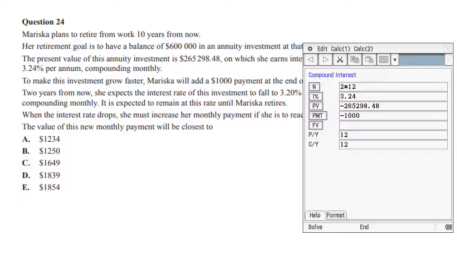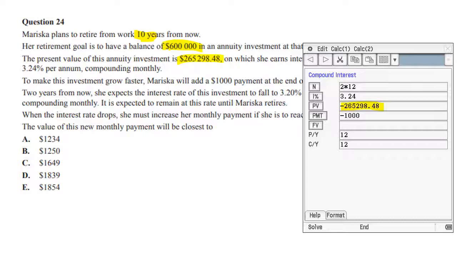Now, we've got this idea that Mariska is going to retire in 10 years, and she wants at the end to be 600,000. Now it says the present value is this, so I've put that into the bank.